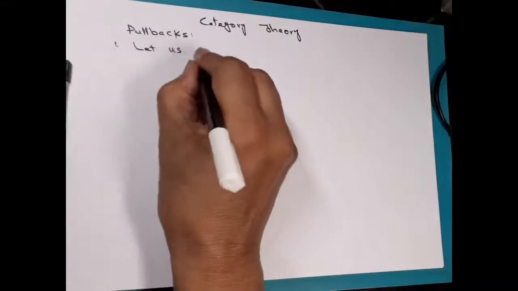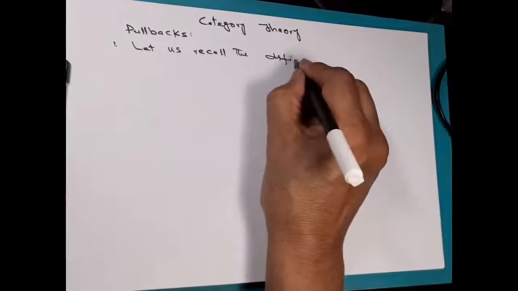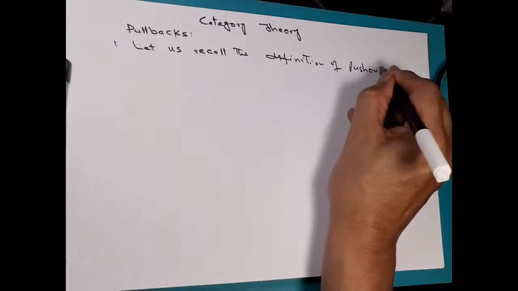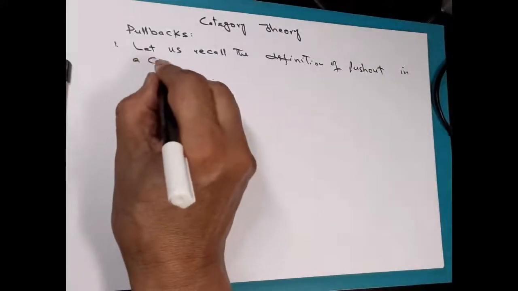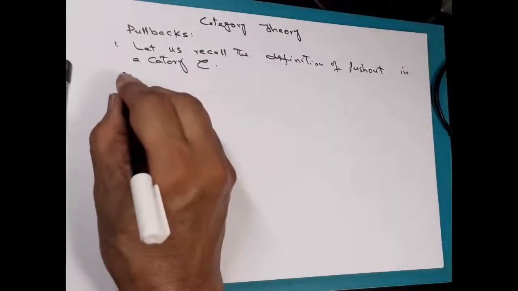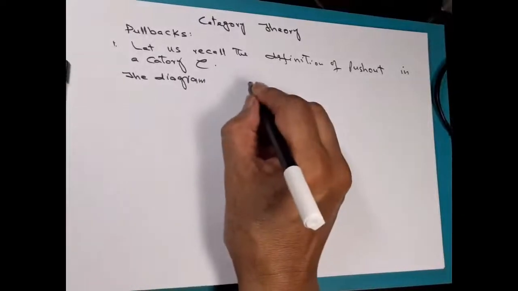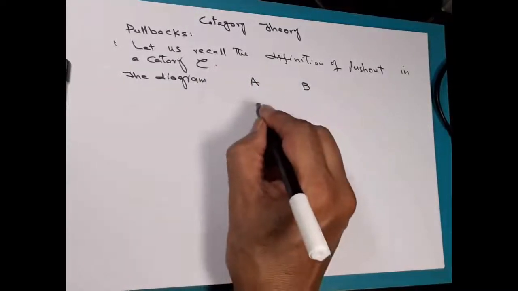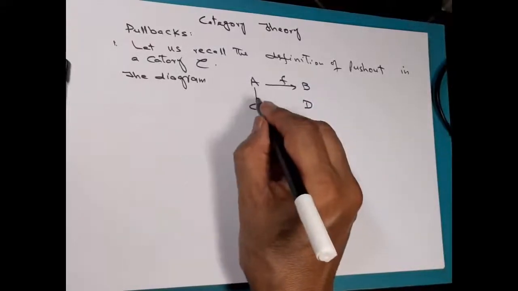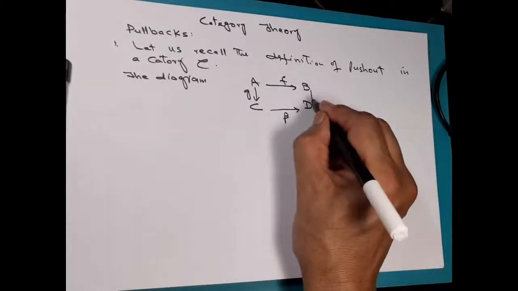So, let us recall the definition of push out in a category C. And we know that this particular diagram, A, B, C, D, these are the objects, and F is a map from A to B, G is a map from A to C, and we have maps from C to D, beta, and B to D, alpha.